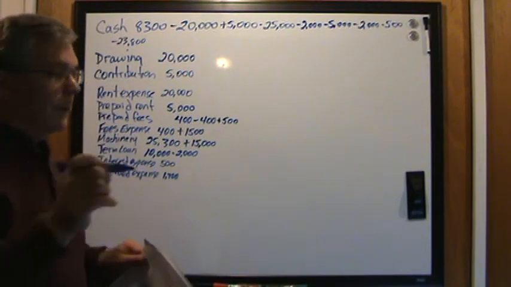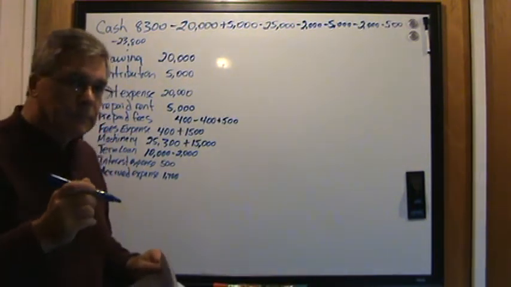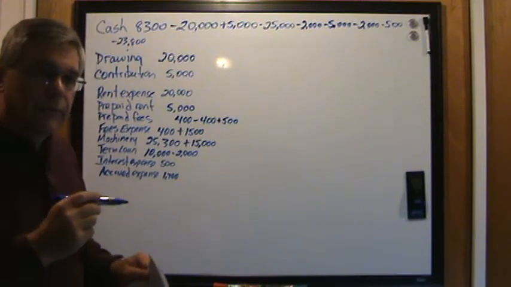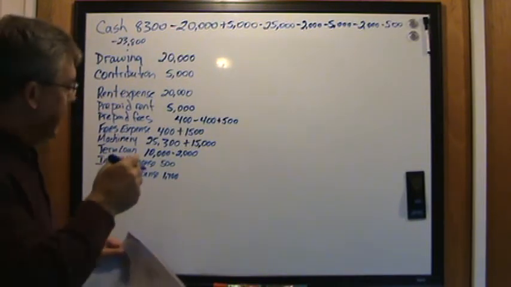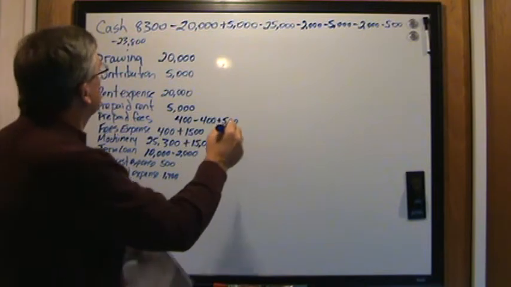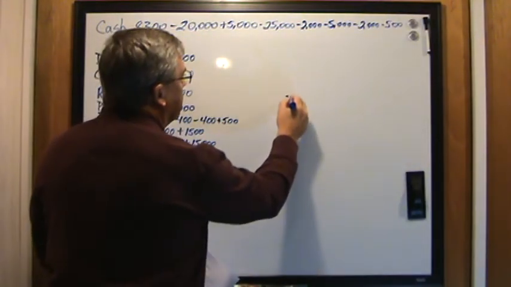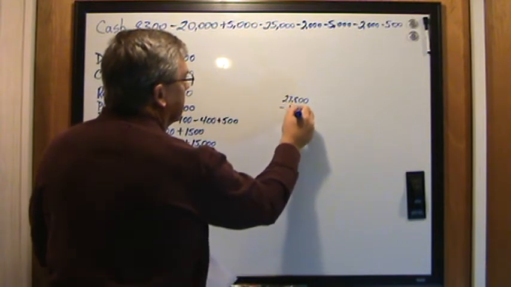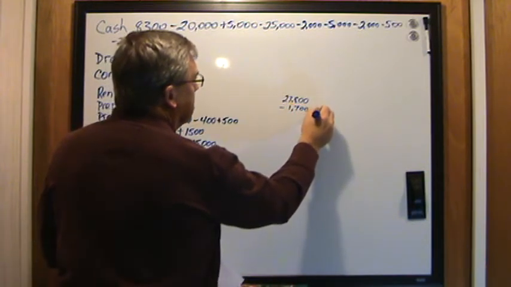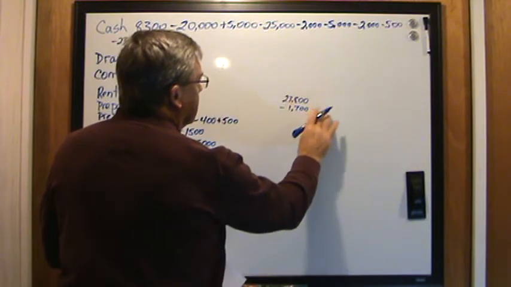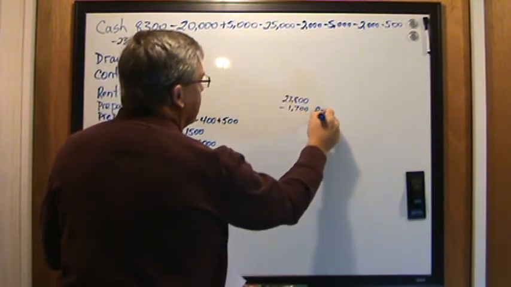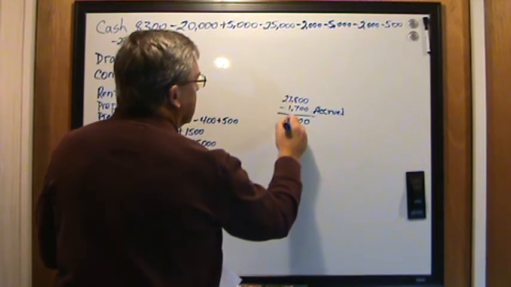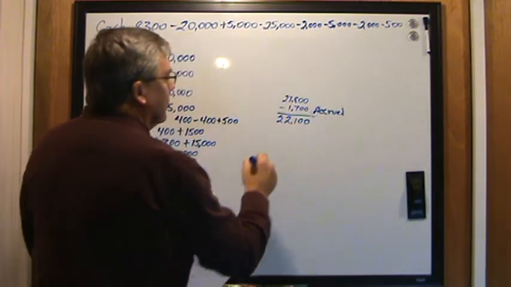So of this $23,800, $1,700 represents the payment now of those fees. We're going to take that $23,800 and subtract $1,700 for accrued expense, which leaves us with $22,100.